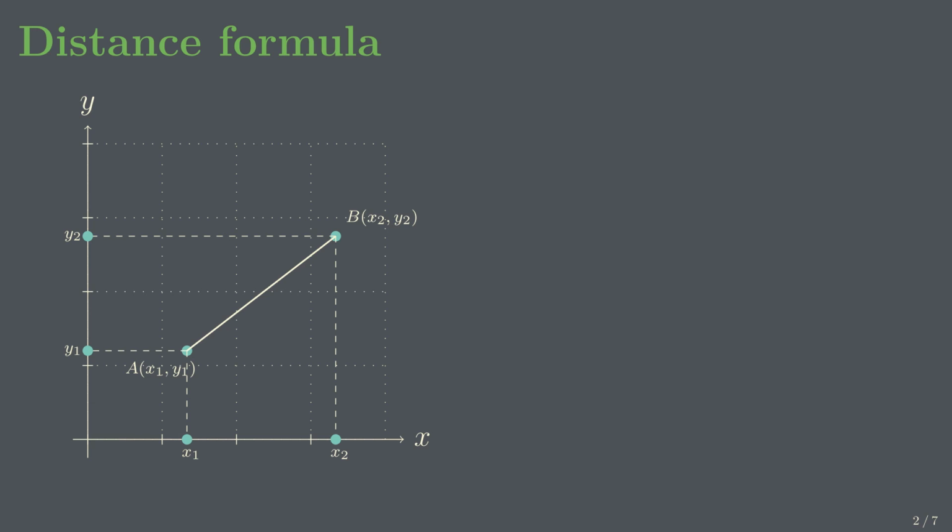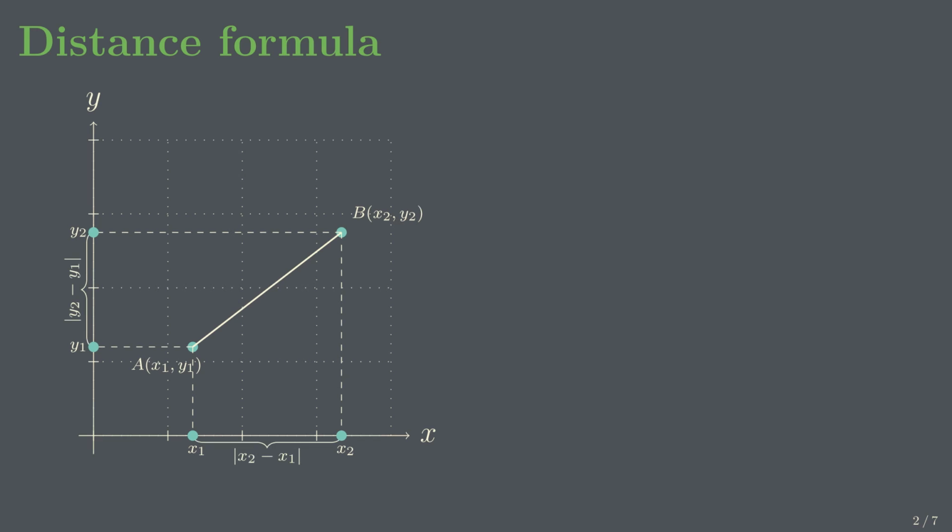Using the distance formula for points on the real line, we can see that the distances between these corresponding points are the absolute value of x2 minus x1 and the absolute value of y2 minus y1, as shown in the picture.